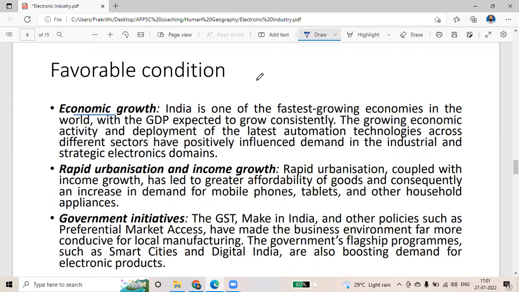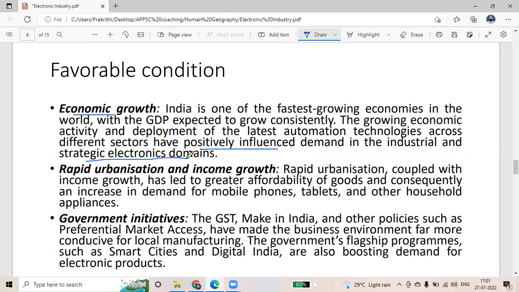I am not talking about the last 2 years, but about the last 2-3 decades. So India is the fastest growing economy. Growing economic activity and deployment of the latest automatic technologies across different sectors have positively influenced and increased demand in the industrial and strategic electronic domains. So we have a growing economy.